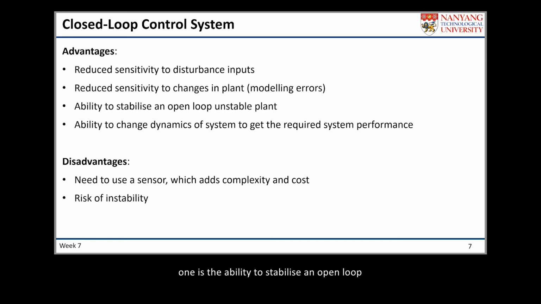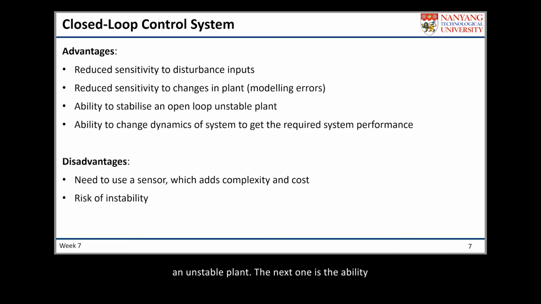And the third one is the ability to stabilize an open loop unstable plant. So for instance, you have a system, but the plant is unstable. You can stabilize an unstable plant by putting it in a closed loop form. But of course, here you need to design a proper controller to stabilize it.